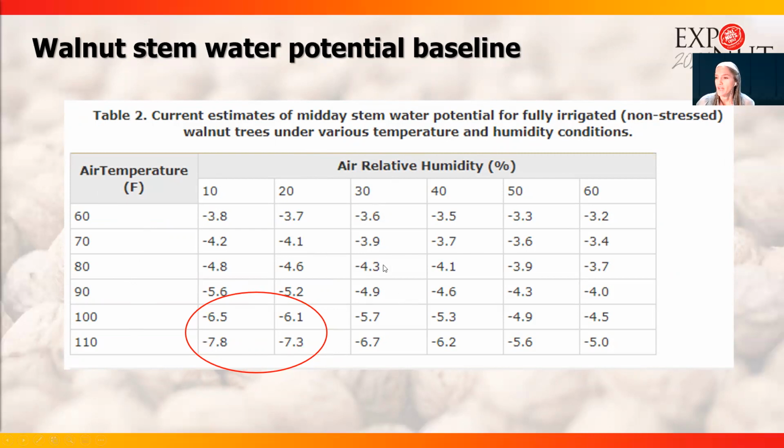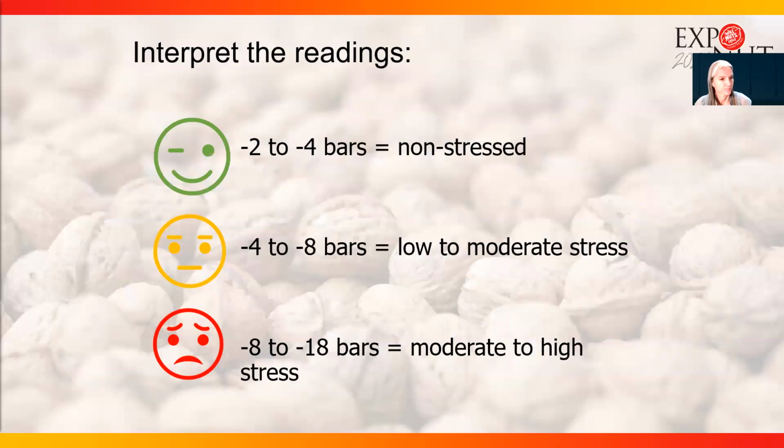But the general range for a well-irrigated tree is usually thought to be between about -4 to -6 bars. The range of tension for walnut is between -2 and up to -18 bars.